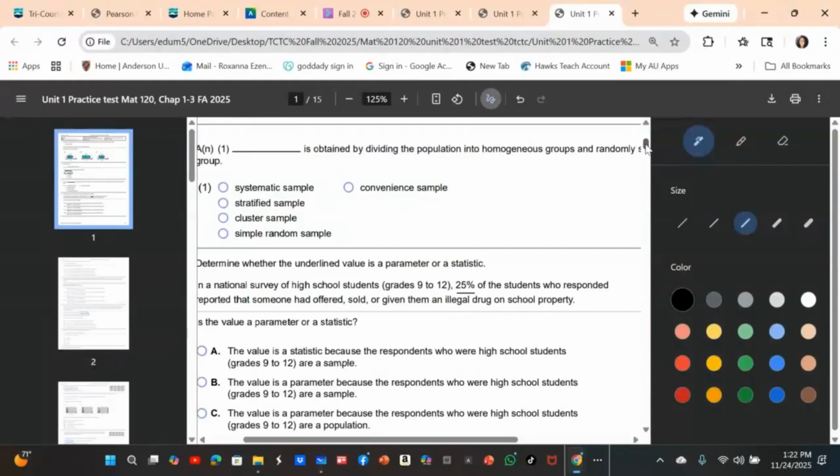Sometimes the stratified sampling method and the cluster sampling method look the same. But in cluster sampling, remember that the population is already in clusters.